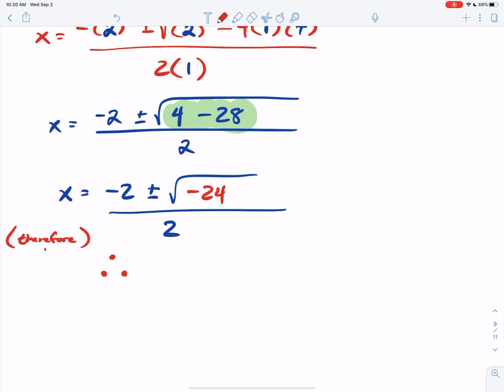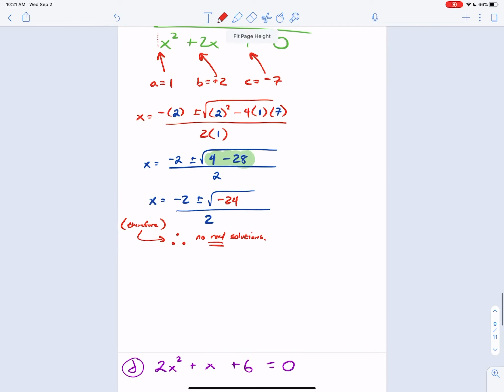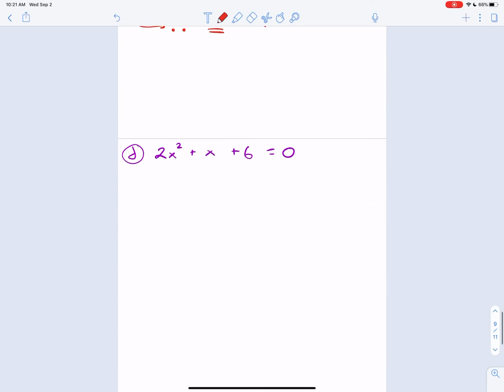So therefore is kind of like in conclusion, no real solutions. Make sure you guys say real. I'll focus why later, but for now, no real solutions, okay? If at any time you run into a square root with a negative on the inside, you can then conclude that there are no solutions, no real solutions, okay? And that's it.